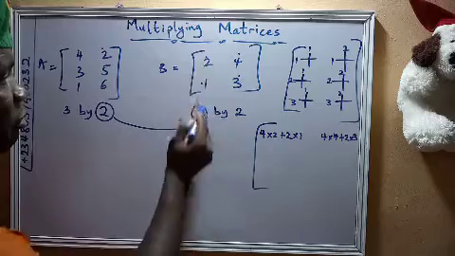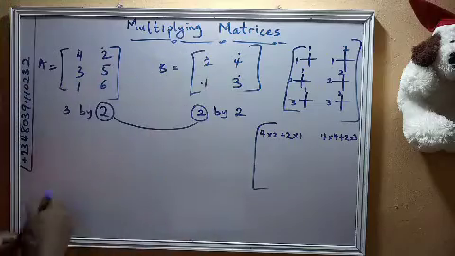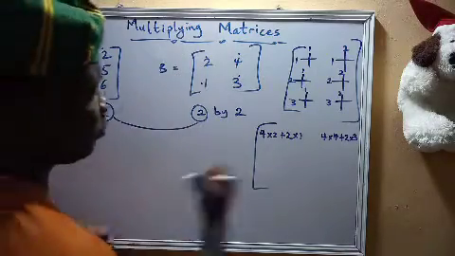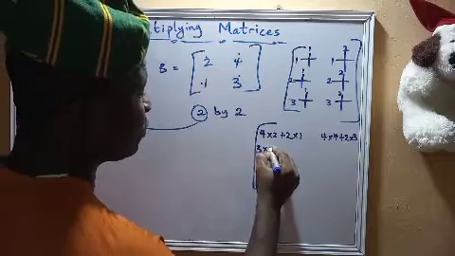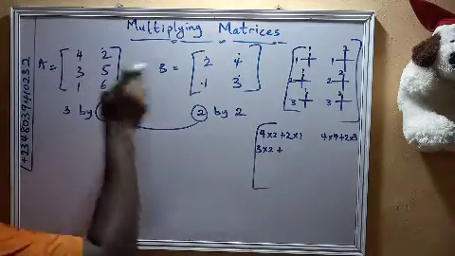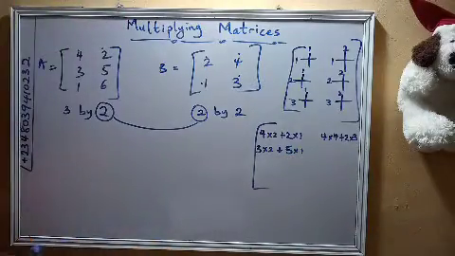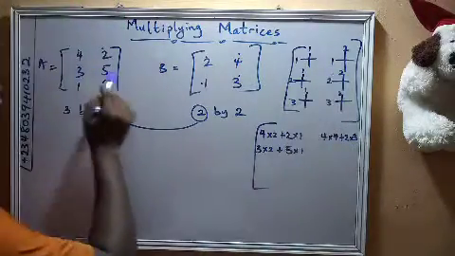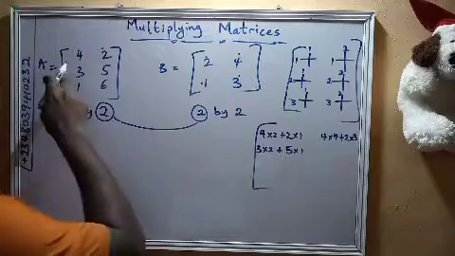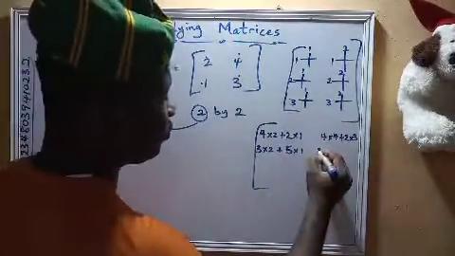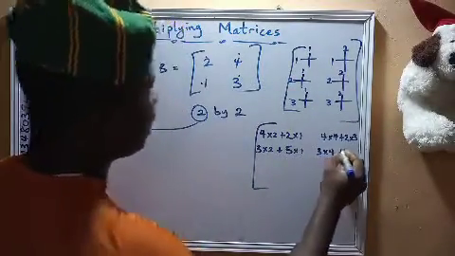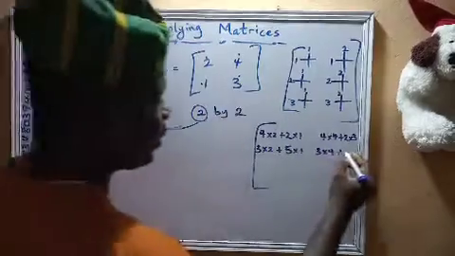So 3 times 2 plus 5 times 1. Then the next one, second row, second column, which will be 3 times 4 plus 5 times 3.